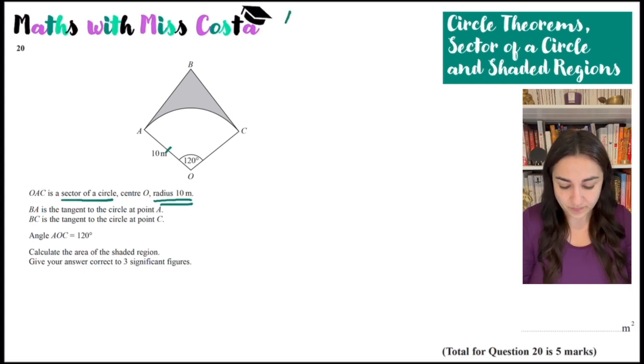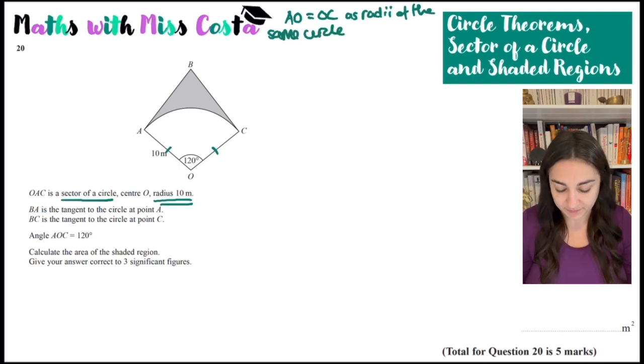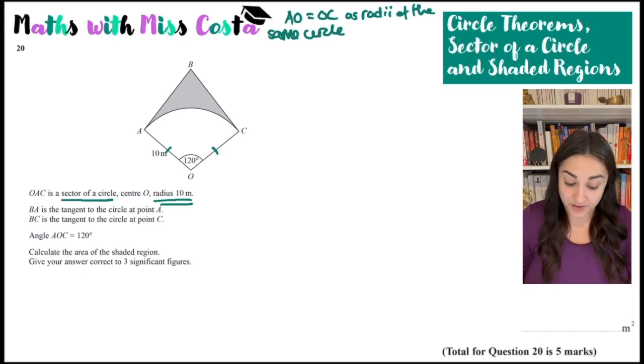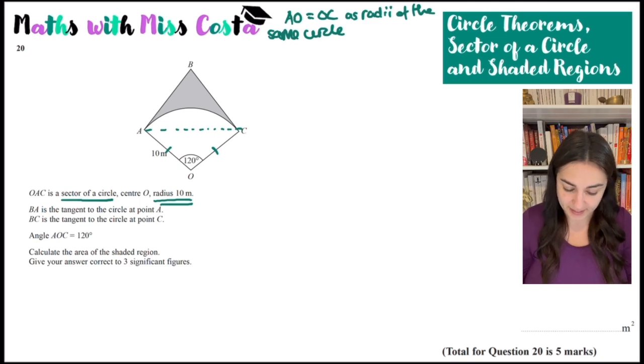And if AO is a radius, it must be equal to OC because they're both radii of the same circle. So hopefully you identified that. If not, that's fine. But this is how we start to learn what to identify. So I know I've got 2 radii, which ultimately means I would be able to form myself a little isosceles triangle if I needed to. I don't know if I do yet, but I'm just keeping my options open.